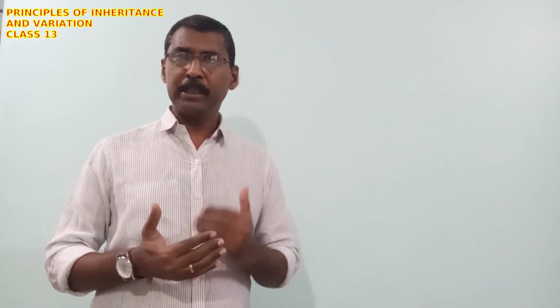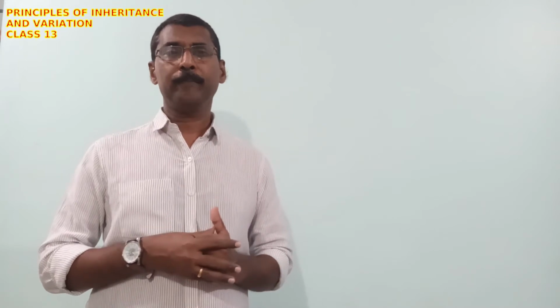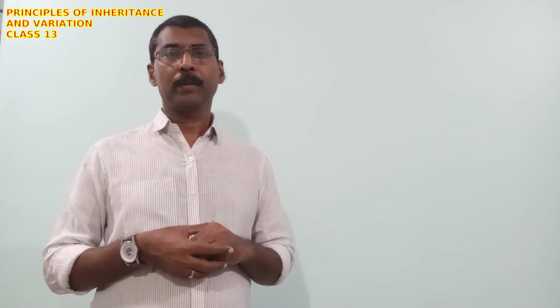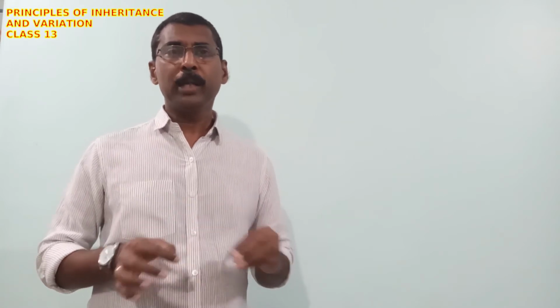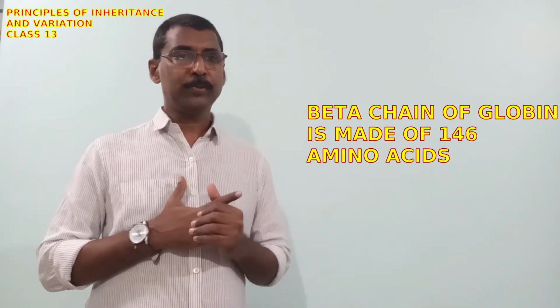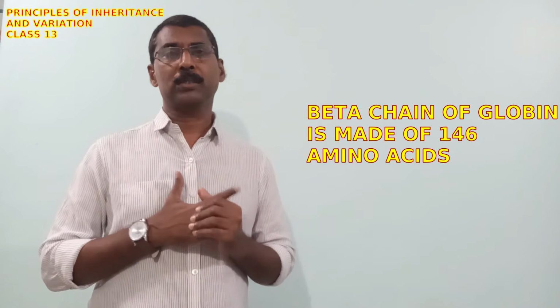So for these alpha chains and beta chains of the globin protein also, there is a specific amino acid sequence. The beta chain of the globin protein in hemoglobin is made up of 146 amino acids.